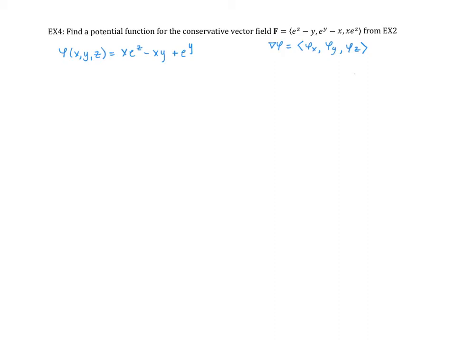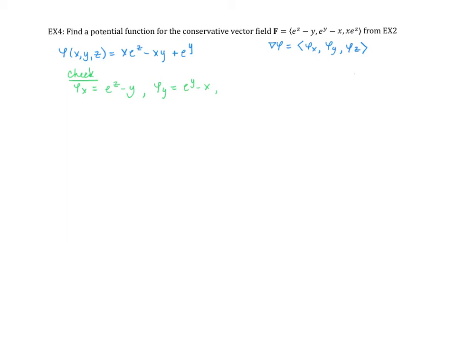So if I were to just check this, the partial derivative with respect to x is going to be 0, oh, I'm sorry, e to the z minus y. Yeah. And the partial derivative with respect to y is going to be 0 minus x plus e to the y, or e to the y minus x.